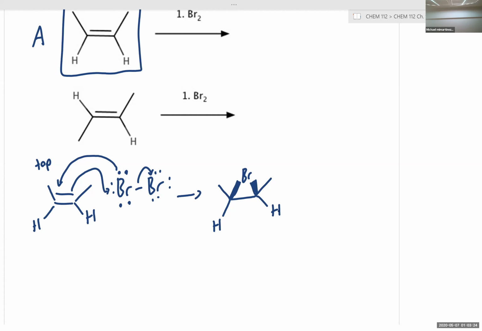We're starting off with the cis alkene. Here is our starting material. Here is our cis alkene. Does everyone notice how the methyl groups are cis?